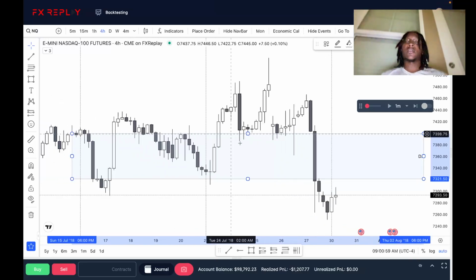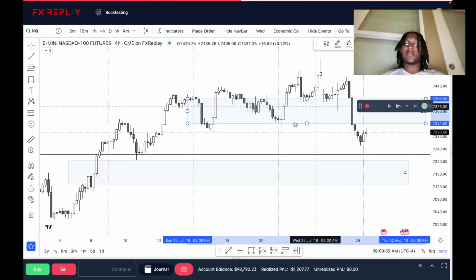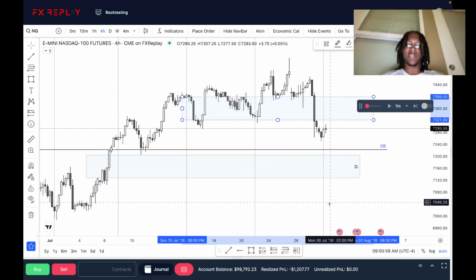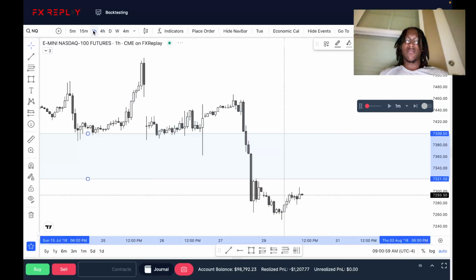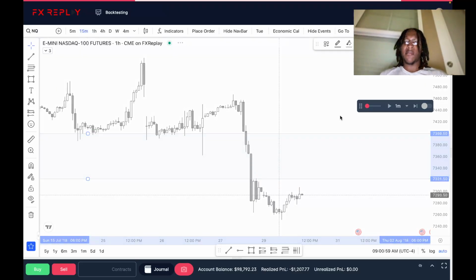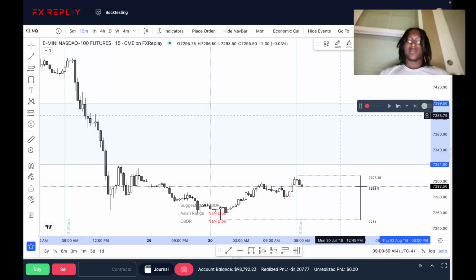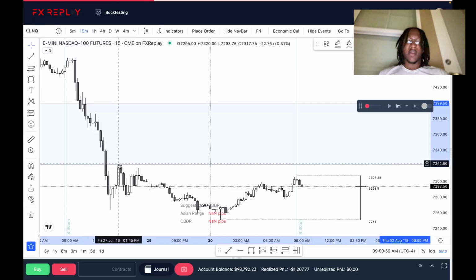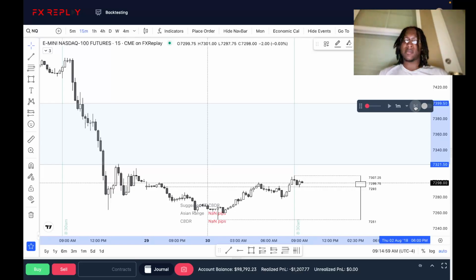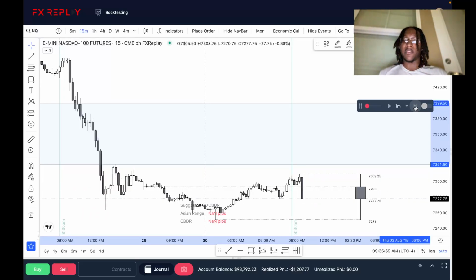So on a 4 hour, nice fair value gap in there. Want to see price come up against this and then drop lower to the sell side. Let's see if we can get above some highs like this. Let's see if we can get above Friday's PM session highs. This is 9:15, 9:30.